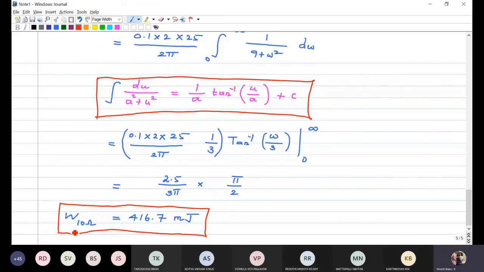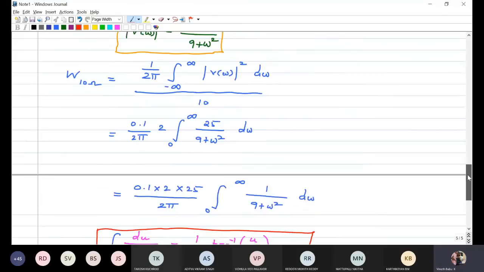So the inference here is, if you transform the signal from one domain to another domain, time domain to frequency domain, the energy of the signal that is there in the time domain, the same energy is retained after transformation also. The energy value won't change. So that is what we have proved here.